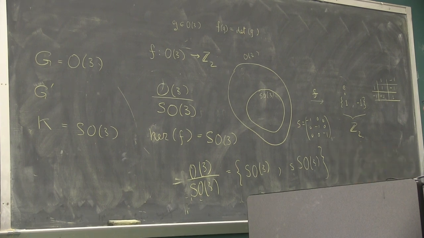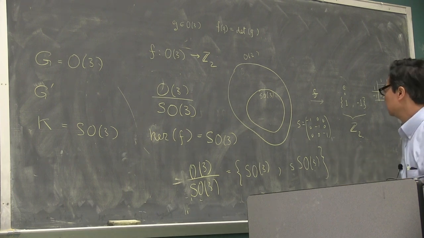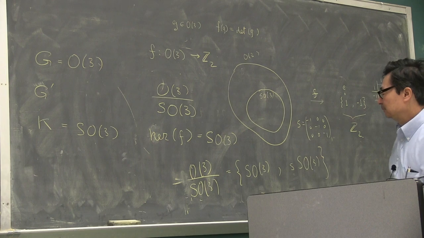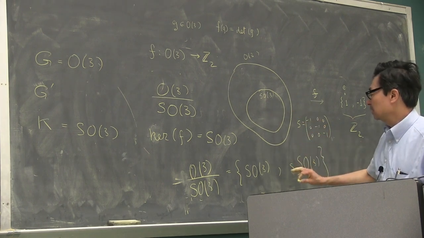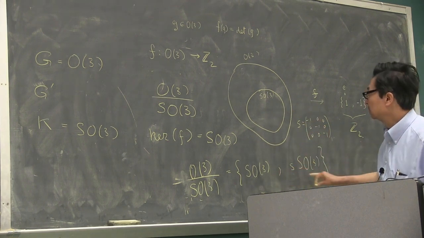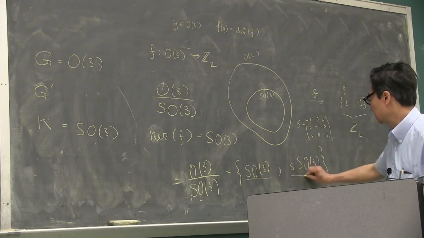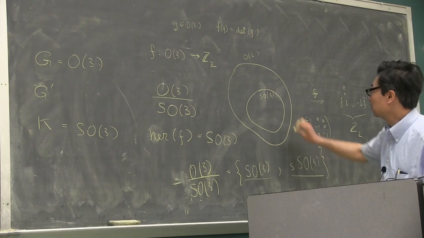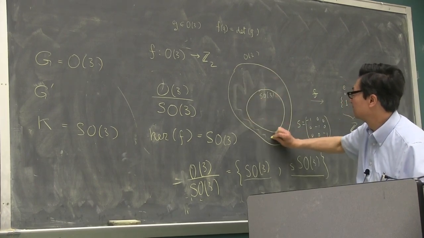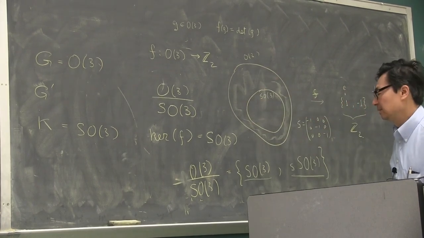So this homomorphism is a set of two things, one of which is this one, and the other one is this one, which is everything else in here. Two things.